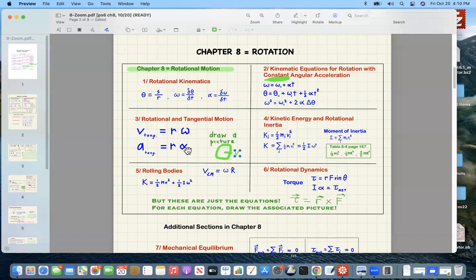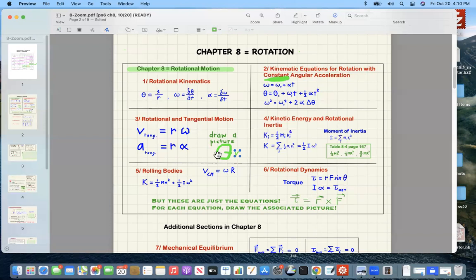Now, there's also a radial acceleration, which we studied before, that's minus v squared over r, or minus r omega squared. That's towards the center of the circle. So that's the centripetal acceleration.